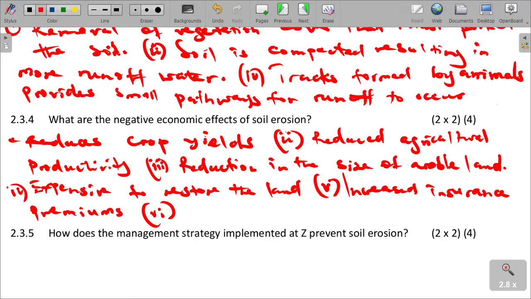The cost of insuring that land becomes very expensive, and then high infrastructure maintenance costs are also another disadvantage.